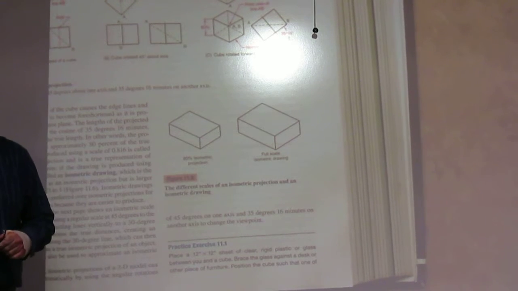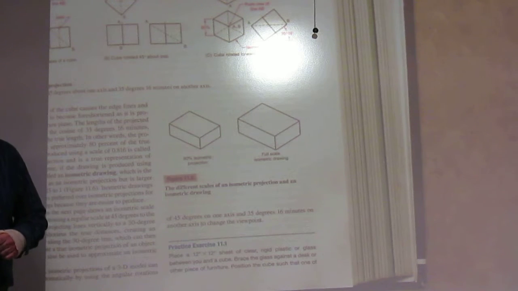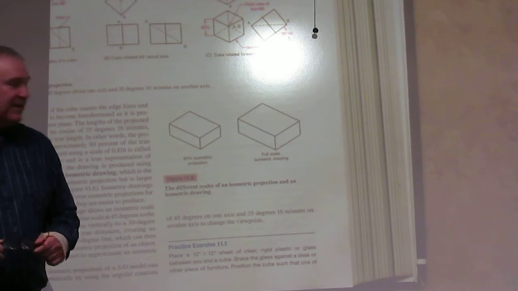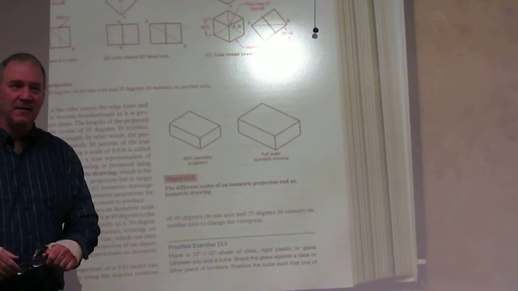Yes? I was taught that we do the 80% just so it'd be more eye-pleasing, so it'd fit on the paper. So do companies care about that, or do we just stick completely to full size? That would be a company decision, but if you're doing the 80%, it's not exactly 80%, it's like 79.9.